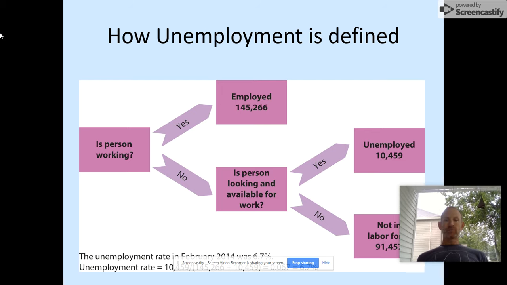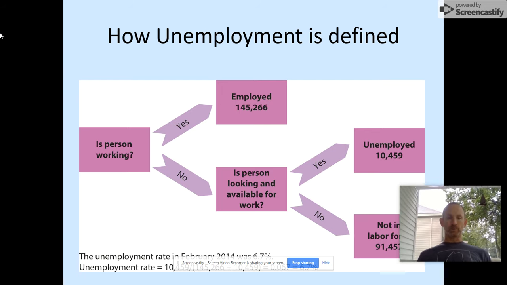So there are plenty of people out there who are disabled, or they're retired, or they're 6 years old and they're in kindergarten. There are all kinds of people who are not in the labor force. They're not included in the unemployment rate. So the unemployment rate looks at the total labor force, which is people available and looking for work, and then asks how many of those are unemployed. That's how you calculate the unemployment rate.